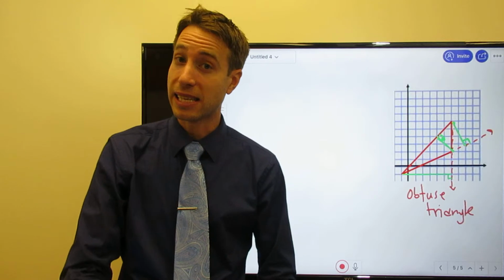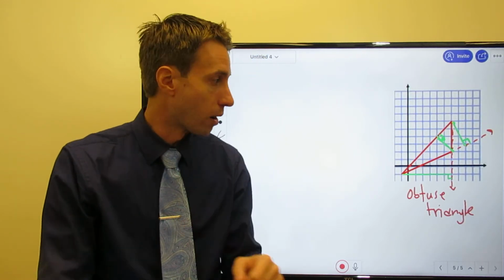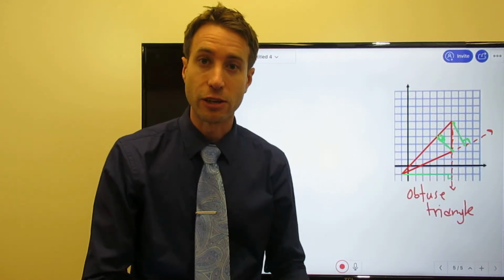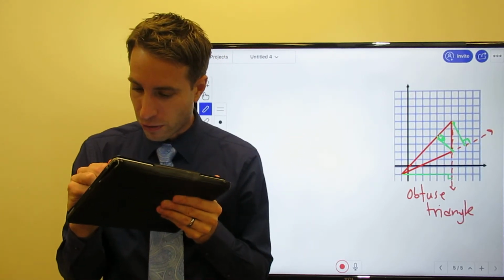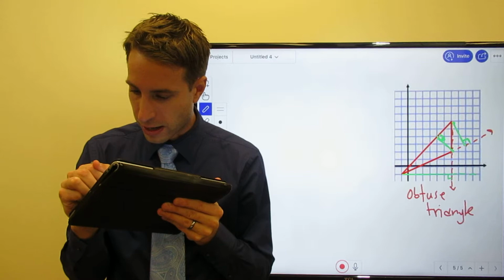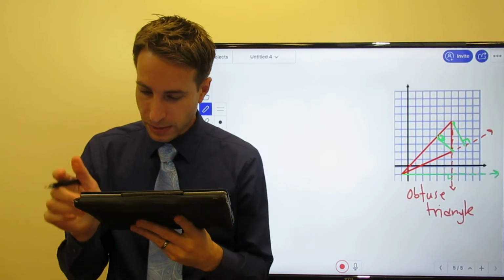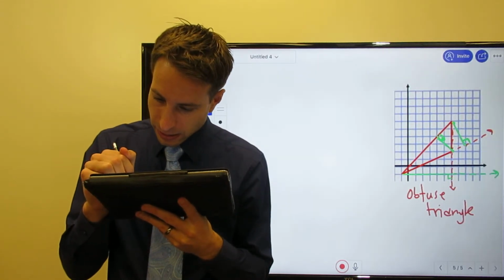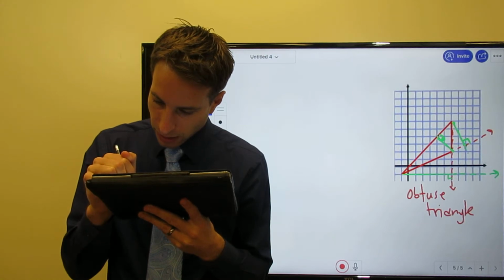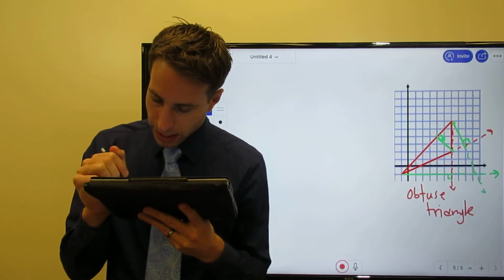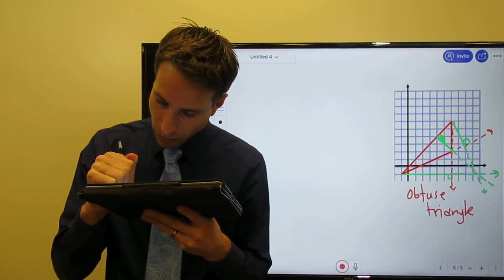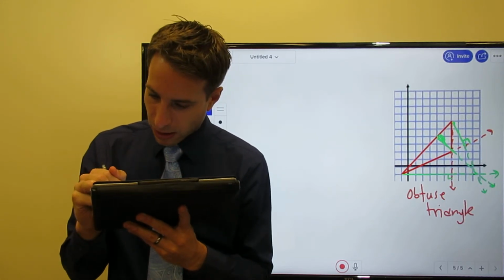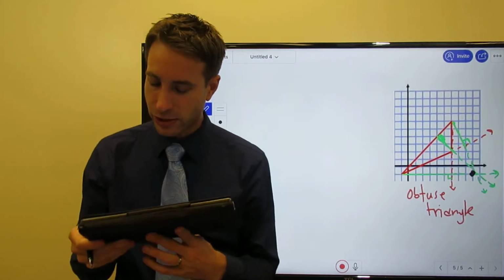Now, like we saw before, those altitudes don't intersect. So what I have to do is just extend them a little bit further. I'll extend this one right on out that way, and extend this one right on out that way, and extend this one right on out that way, and right there we get ourselves our point of intersection.